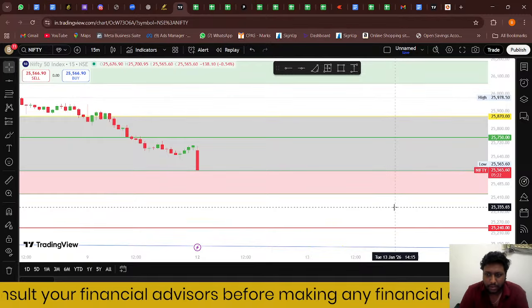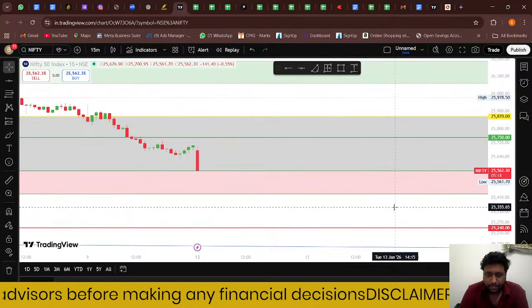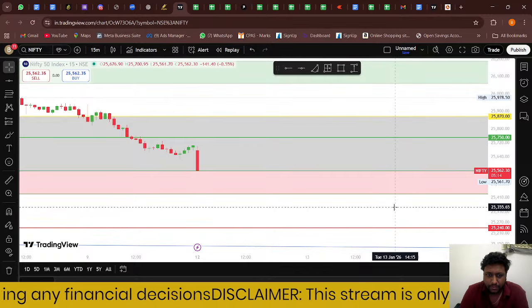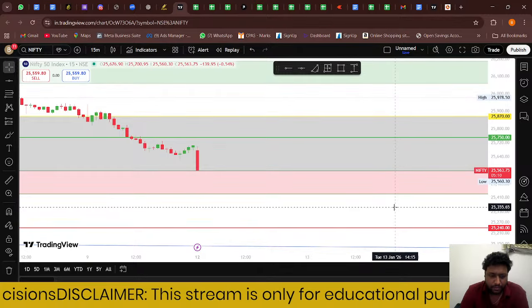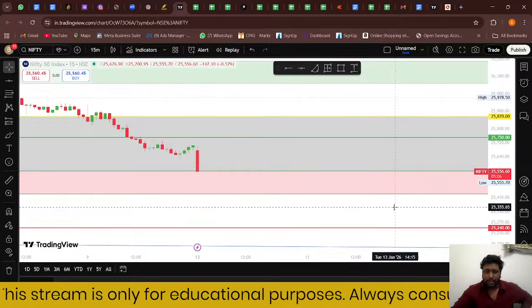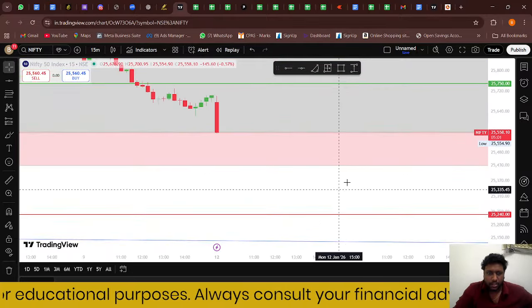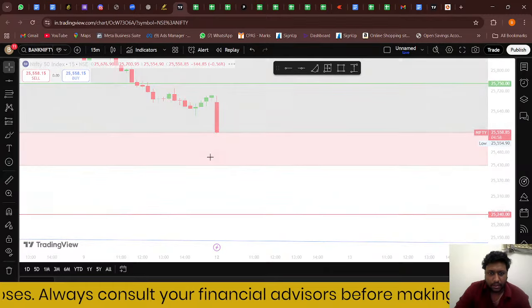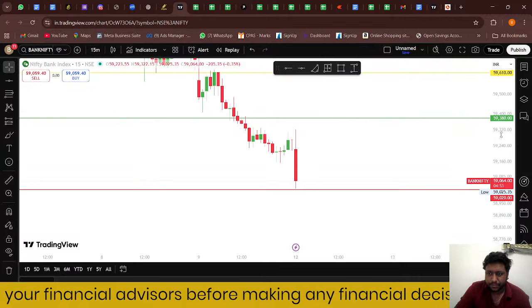Support one is being tested, so we can plan an entry at this particular level. We'll check Bank Nifty also. What is Bank Nifty bringing? Bank Nifty also tested the support one.